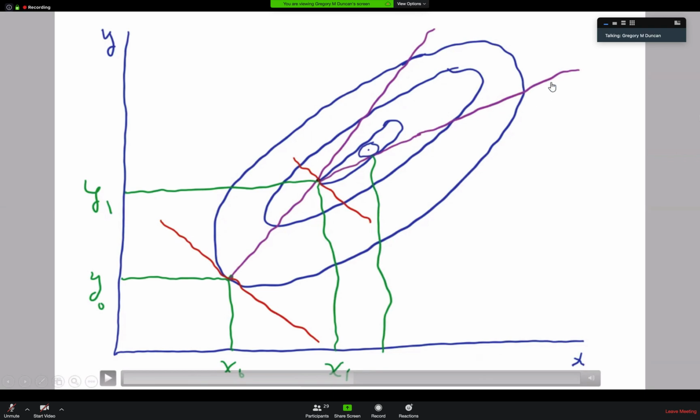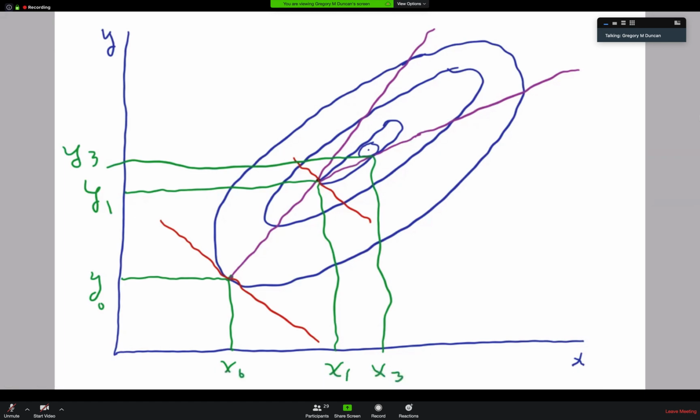I go in the direction of the new gradient. And I go down, down, down until I hit where I'm tangent to a contour. And I stop there.